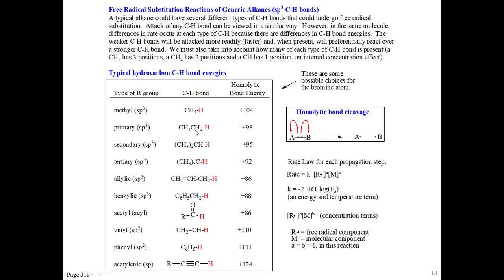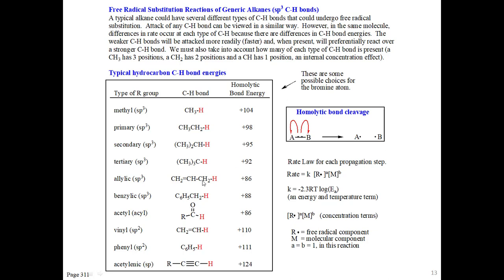If I have a primary, I get a little bit of inductive effect from one R group, and you'll see the bond energy goes down. In each case, H is being lost, so that's not the different part. The different part is the carbon part that we're looking at here. If I look at secondary, I get two inductive effects helping the free radical, so it makes it a little cheaper. If I look at tertiary, I get three inductive effects helping, it makes it a little cheaper, 92 kcal.